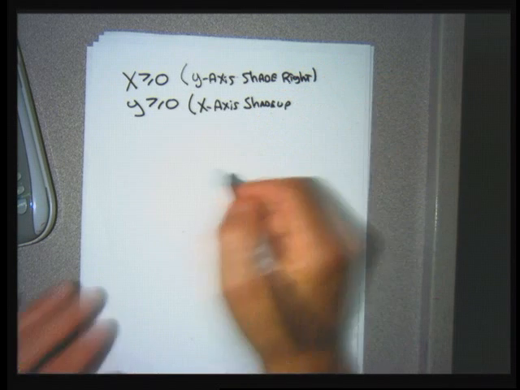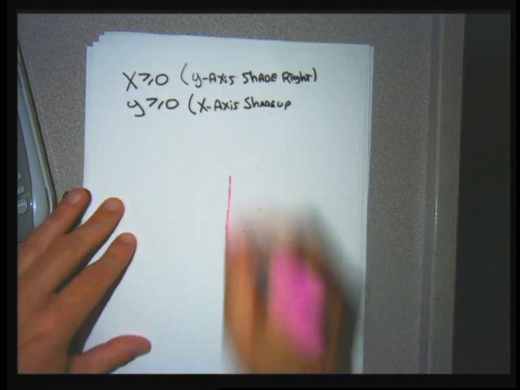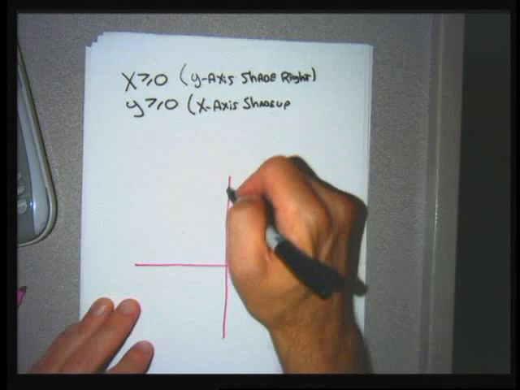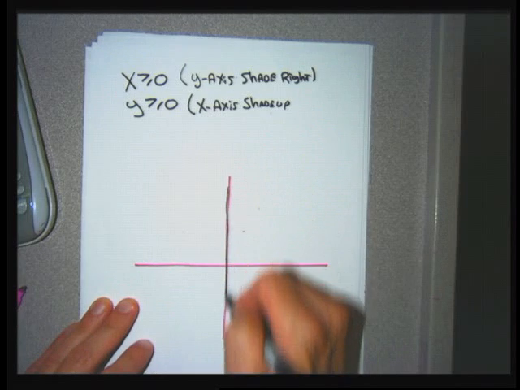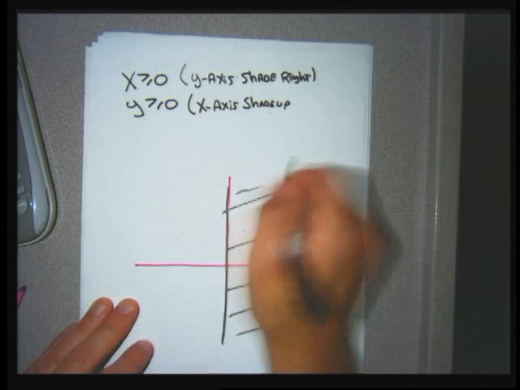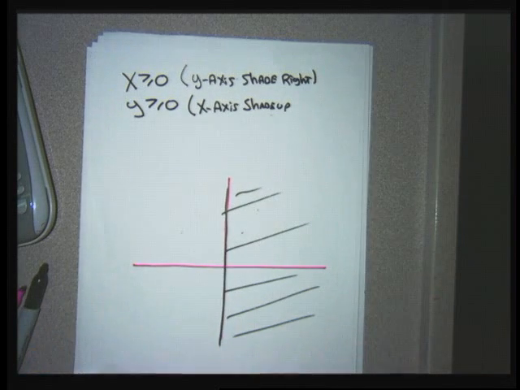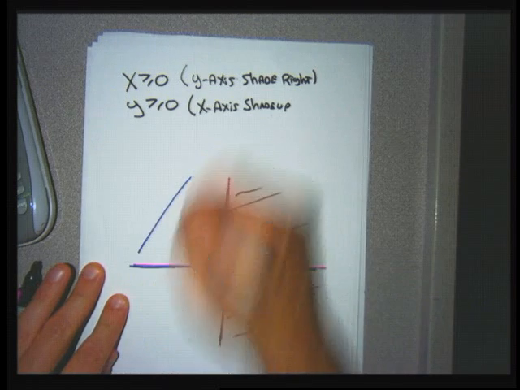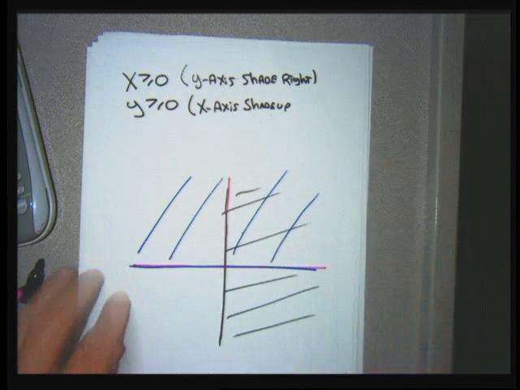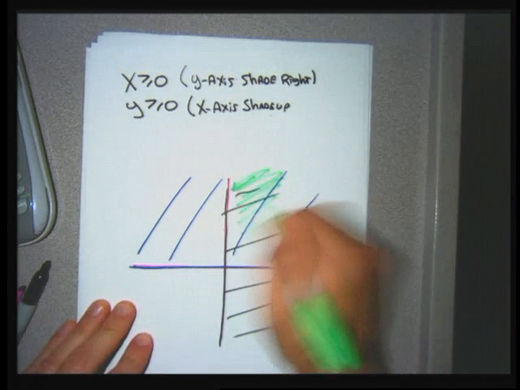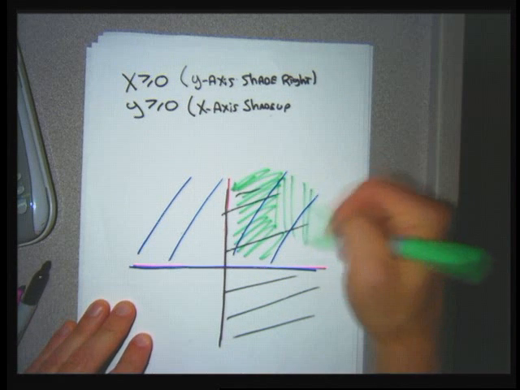So if I wanted to graph this, the x is greater than or equal to 0 is the y-axis, and I shade to the right. The y greater than or equal to 0 is the x-axis, and I'm going to shade up. And if you see where those shadings intersect, they intersect to form the first quadrant.